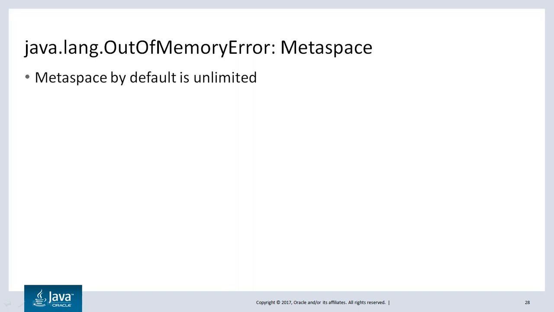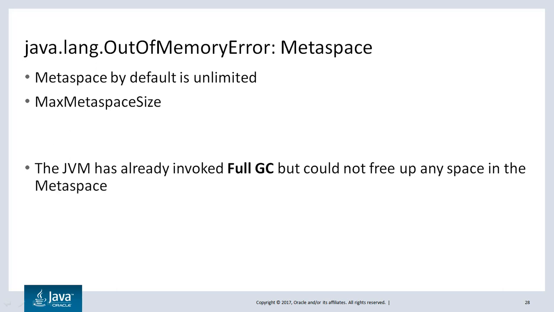The metaspace by default is unlimited, but we can limit it using the JVM option max metaspace size. A full GC is triggered to collect the dead classes and their class metadata when the metaspace usage reaches its capacity.